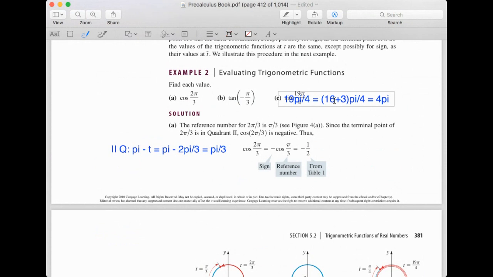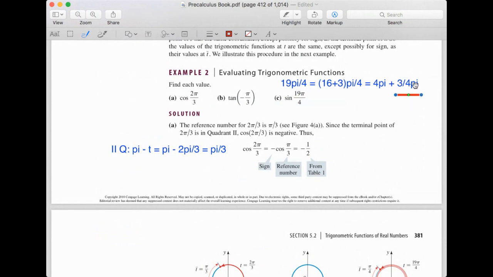So we get 4 pi plus 3 over 4 pi. Then 4 pi is just running around 2 circles, so we can ignore this. We take the reference number, 3 over 4 pi.